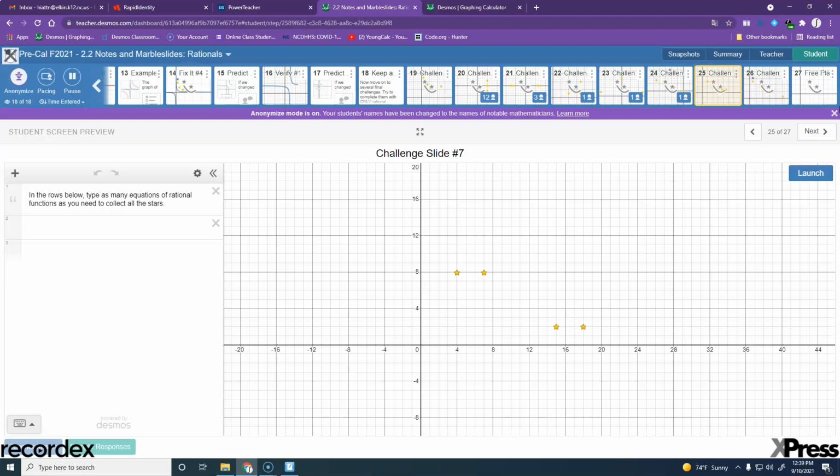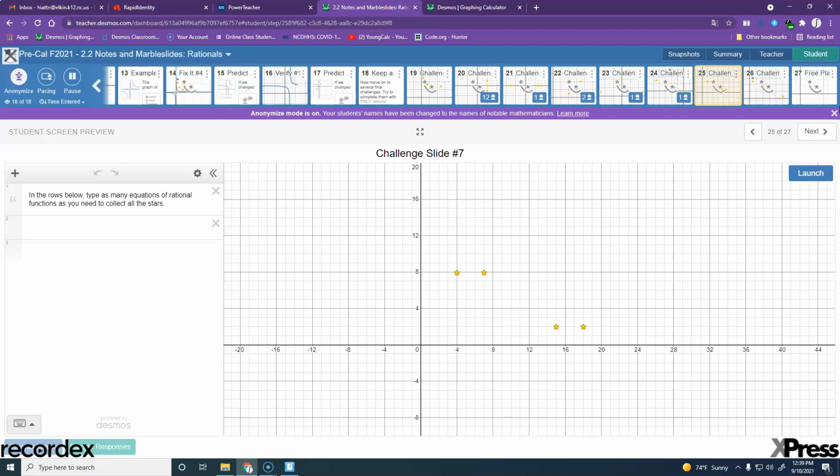Okay, they must include only rational functions. Okay, only rational functions, and so if you use a line or a quadratic or something like that, you don't get credit for it. It's got to be only rational functions. And you don't have to do them all.